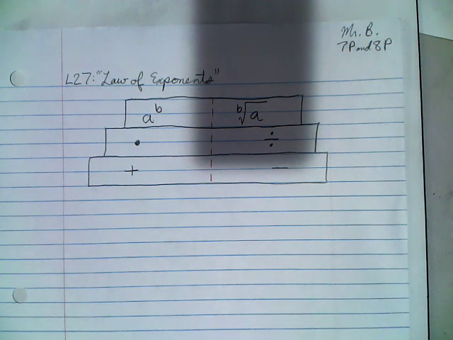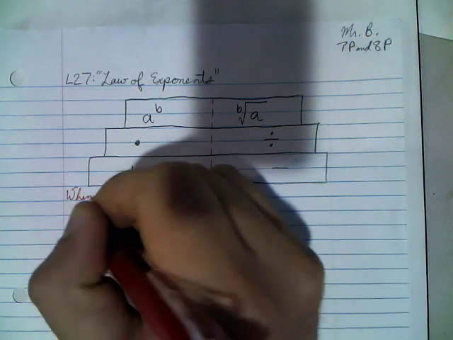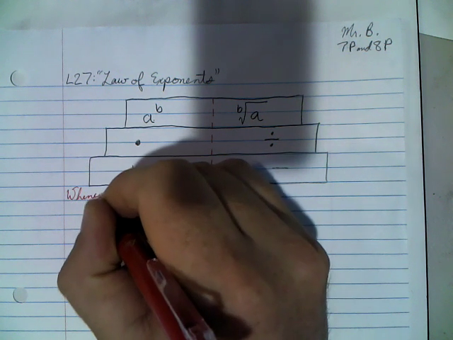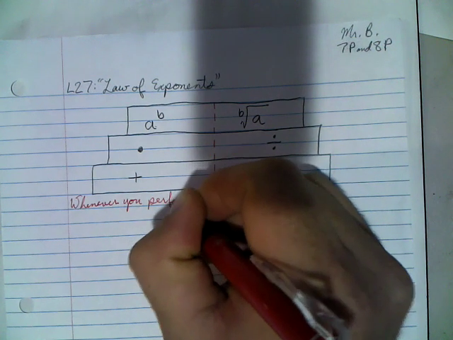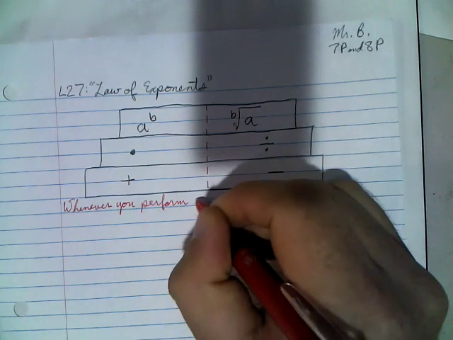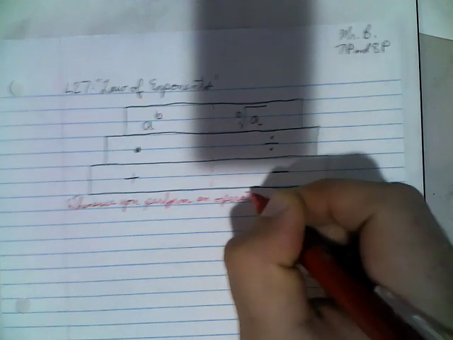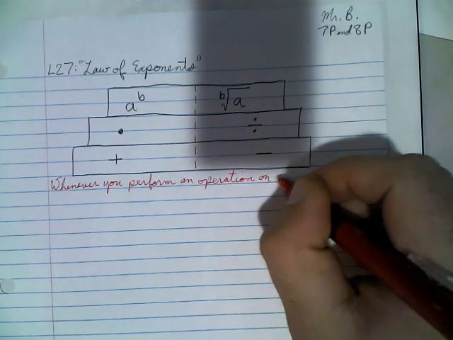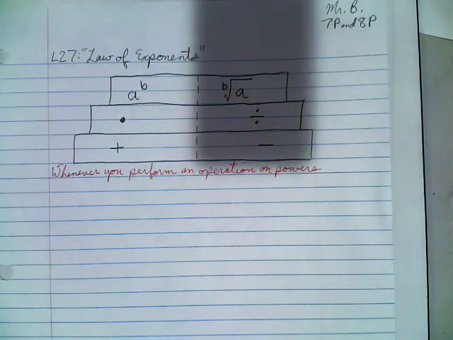So from our pyramid, we can see some connections that lead to various different properties. What I want to focus on here today is that whenever you perform an operation on powers, so powers means it's got a base, it's got an exponent, the whole thing all together is your power.